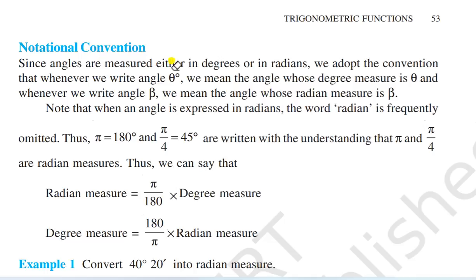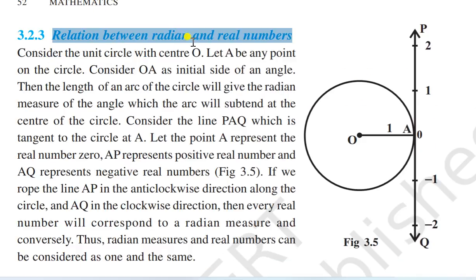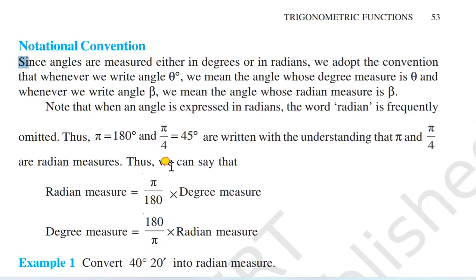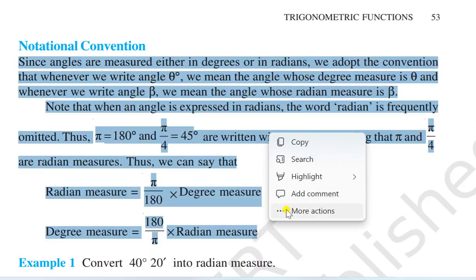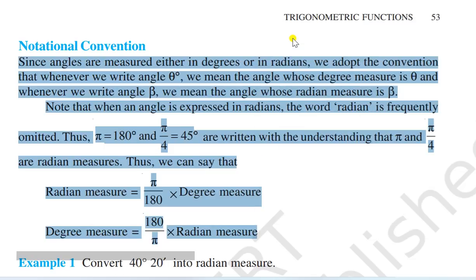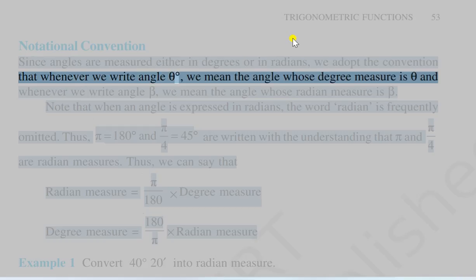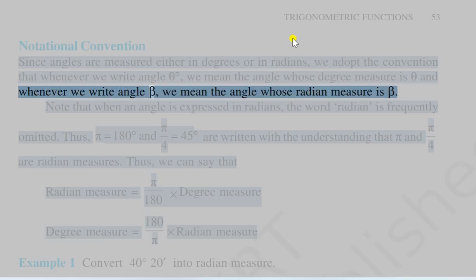So since angles are measured either in degrees or in radians, we adopt the convention that whenever we write angle theta degree, we mean the angle whose degree measure is theta, and whenever we write angle beta, we mean the angle whose radian measure is beta.